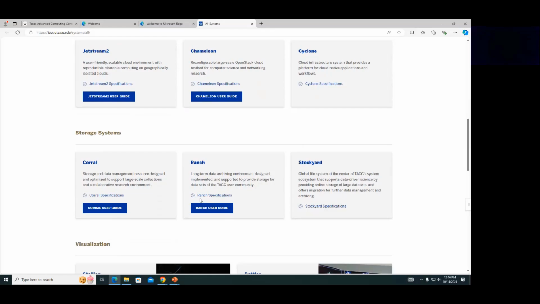Ranch is a long-term data archive environment designed to provide storage for data sets. This is for the long term. If you have research data that you want to make sure you don't lose, you can upload it here.